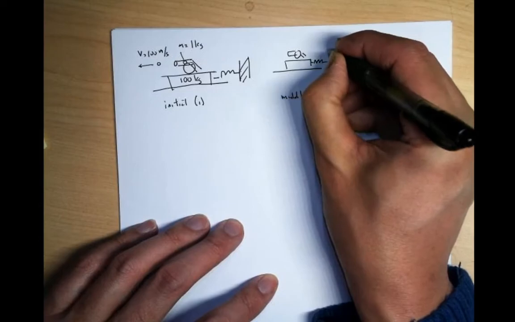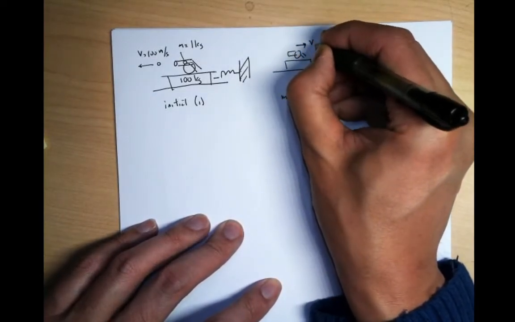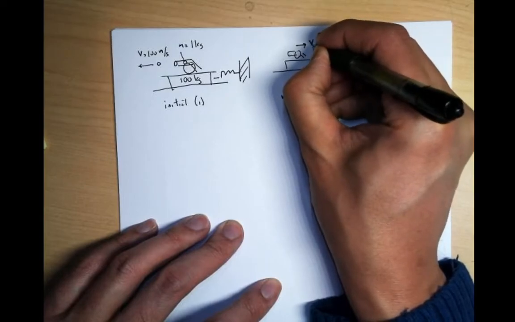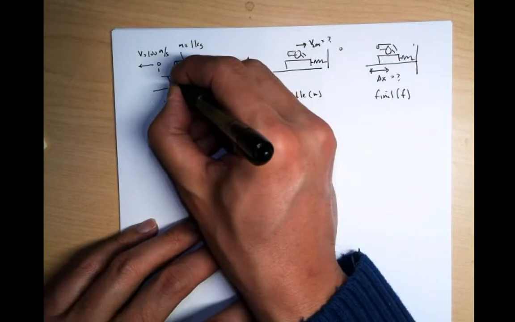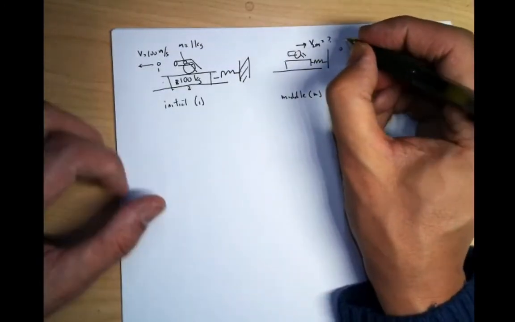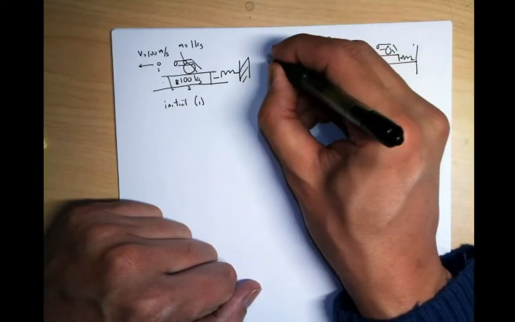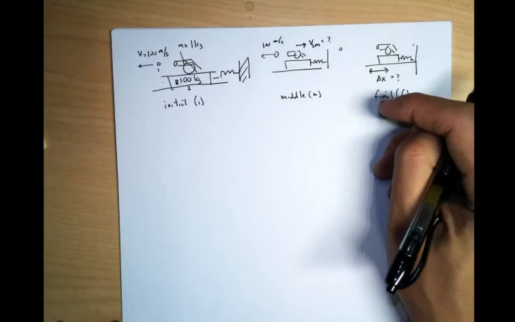The spring has not been compressed yet, and the cannon moves backwards with velocity V2m equals question mark. I don't know what that is. Let's call this one 1 and this one 2. And this one I know is going to be 100 meters per second.